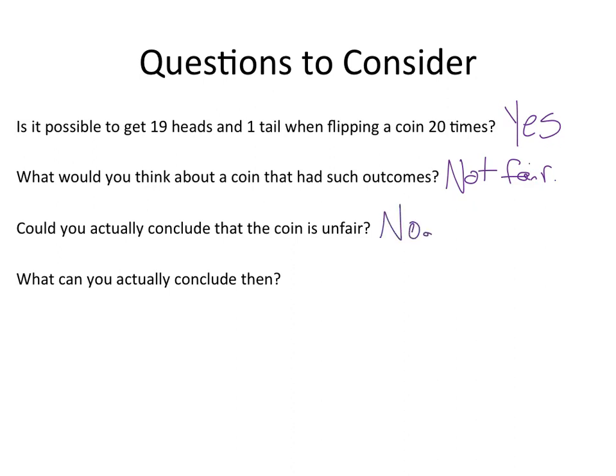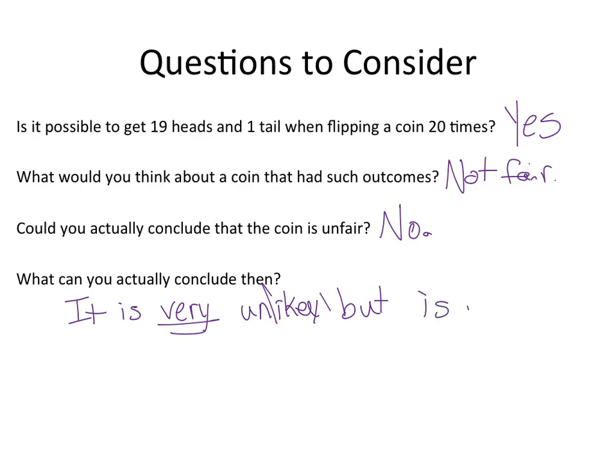You can inspect the coin, but concluding that it's unfair just based on those 20 flips is not enough. Now, what can you actually conclude? Well, you can conclude that it's very unlikely, but is possible only by chance.